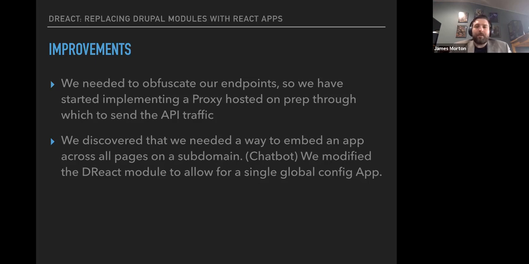So data endpoints are cached to a certain limit. Some of them, the data is not going to change. Some of them, it changes more regularly, but about a day they're cached. So even if there's a huge influx of traffic to a single one of these applications, they're all hitting a cached endpoint anyways in our CDN. So that's a really, really efficient way to do that, I think.